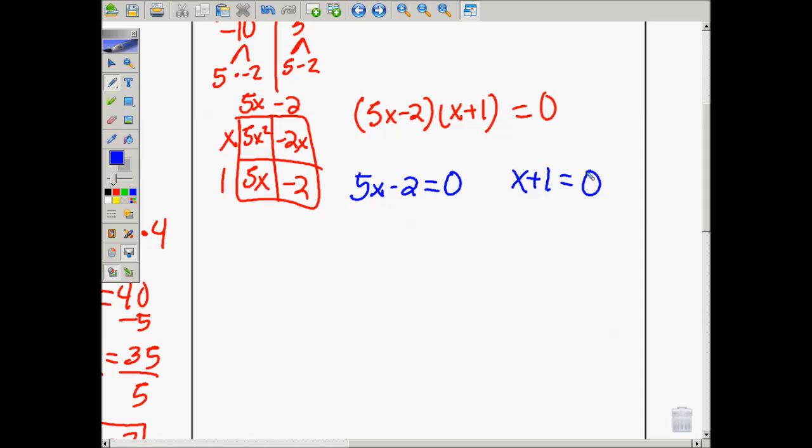And then you just solve, and those are your answers. So when I solve, I would add 2, and I get 5x equals 2. Divide by 5, divide by 5, and so I get x equals 2/5, or I can write it as 4/10.